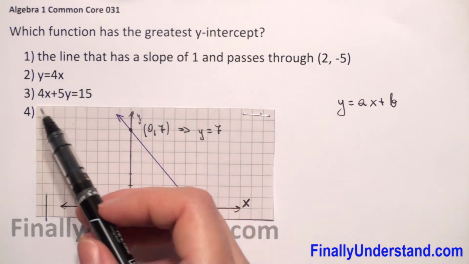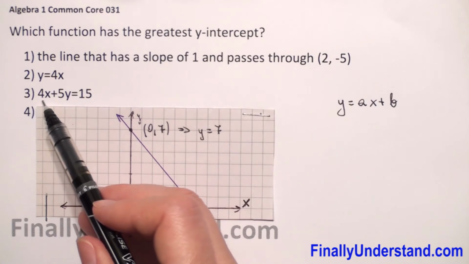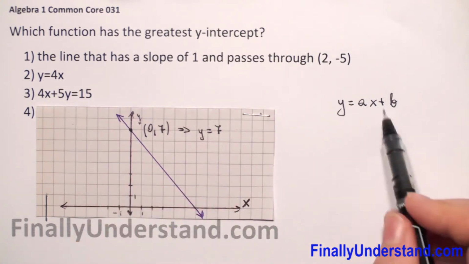So we have to rewrite the third statement, 4x plus 5y equals 15, in this form.